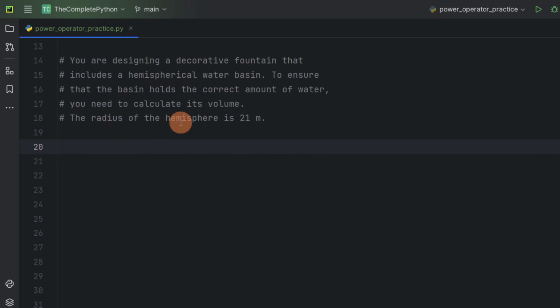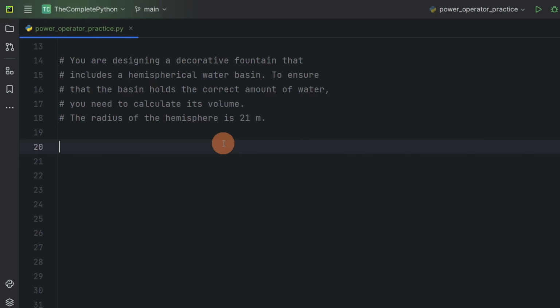Now they have mentioned that the radius is 21 meters. Before solving this problem, we must know how to calculate the volume of a hemisphere. The formula for calculating the volume of a hemisphere is 2 by 3 pi r cube.